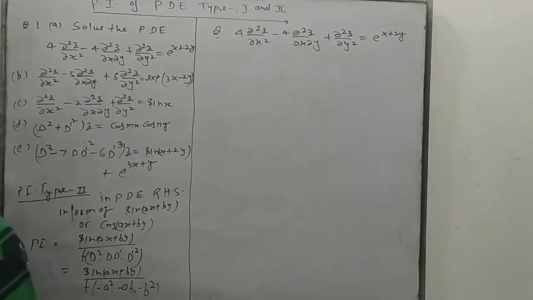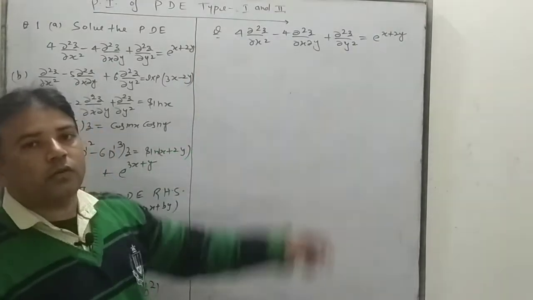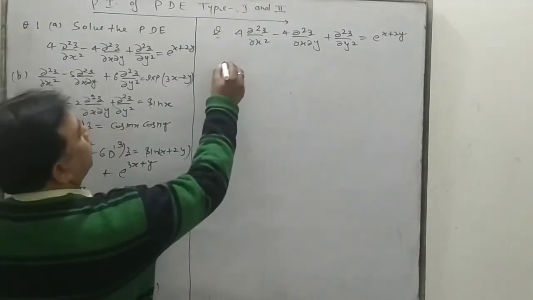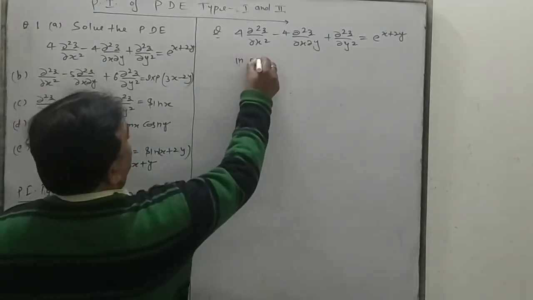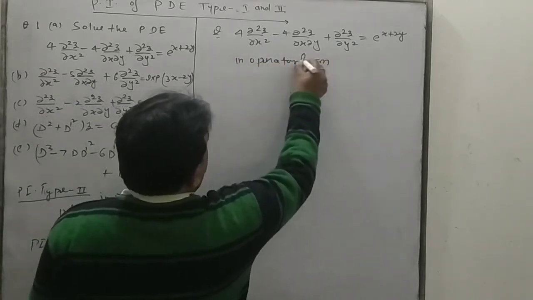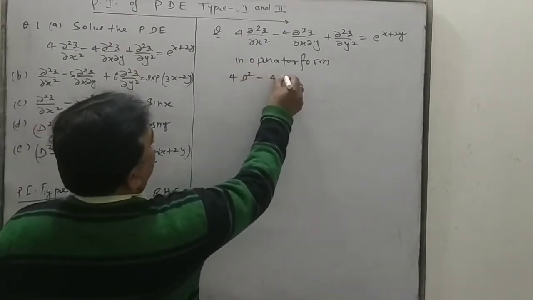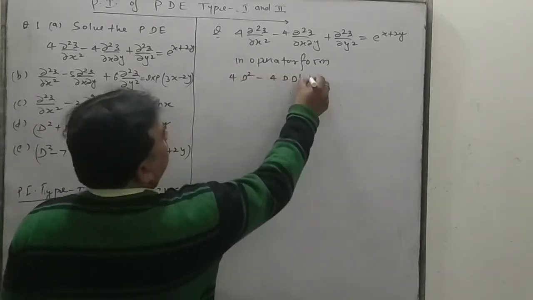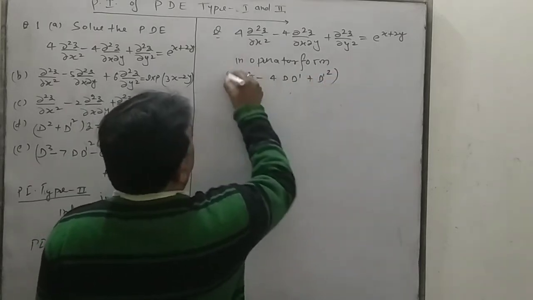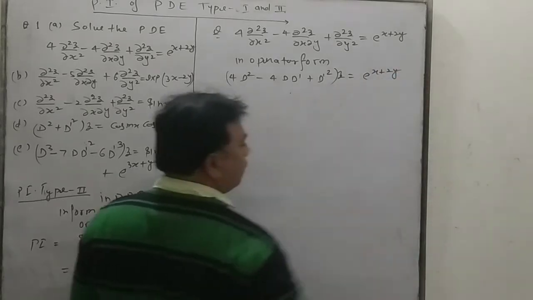First we write the partial differential equation in operator form. In operator form it means (4D square minus 4DD dash plus D dash square) z equal to e to the power x plus 2y.